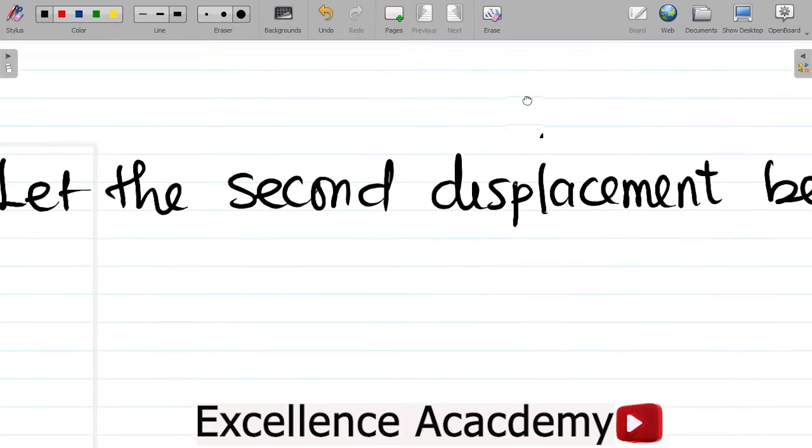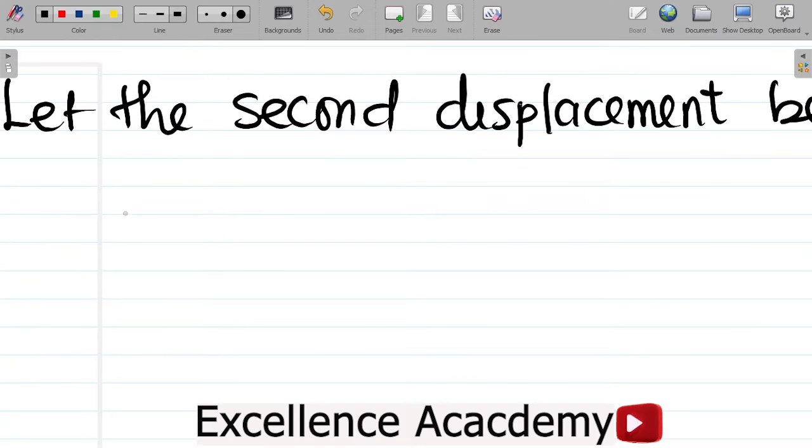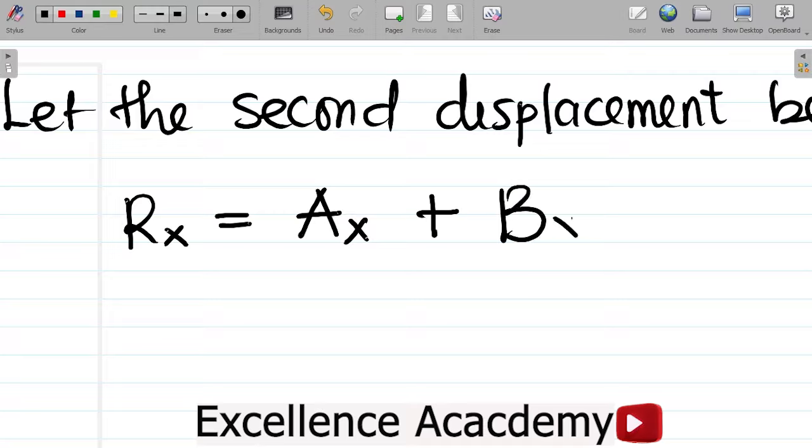One thing we know is that the resultant horizontal displacement is equal to the sum of the horizontal displacement of A and the horizontal displacement of B. So if I combine the horizontal components of A and B, you'd have your resultant horizontal.